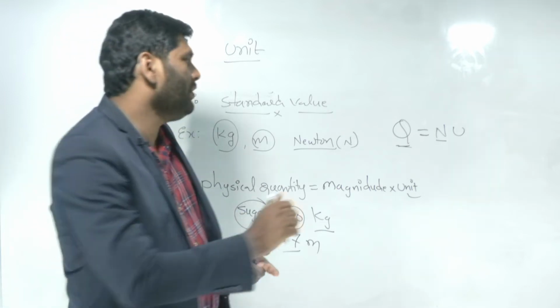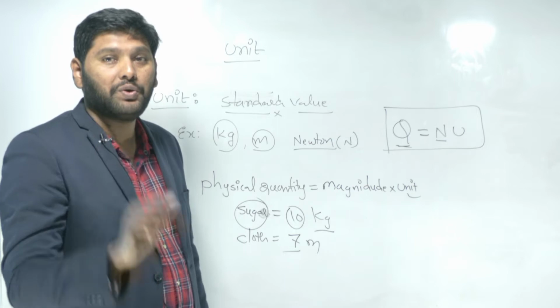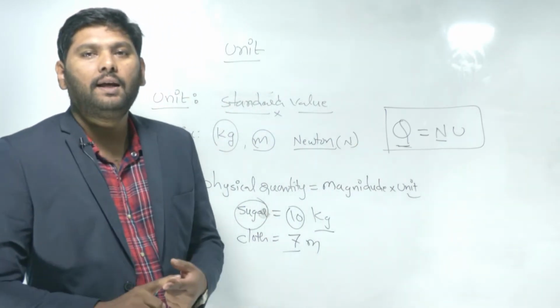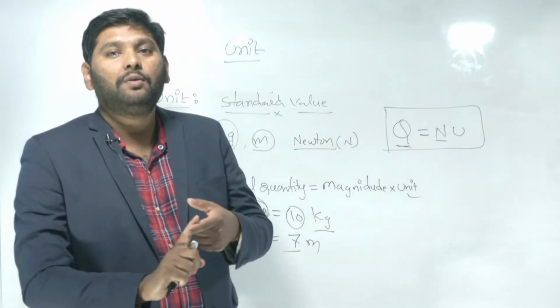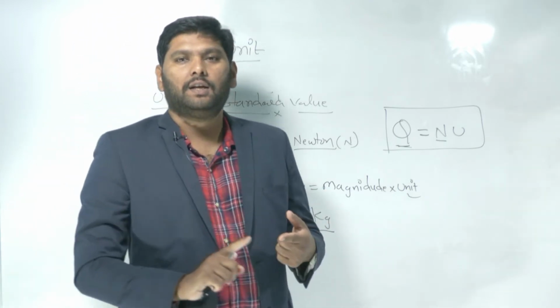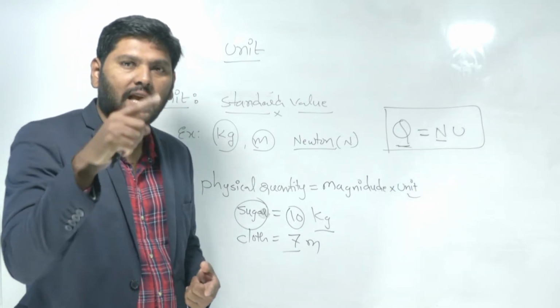So every time you express a physical quantity as magnitude into unit. This is how you express any physical quantity, and this is how the unit is useful. To express the physical quantity, the unit is helping.